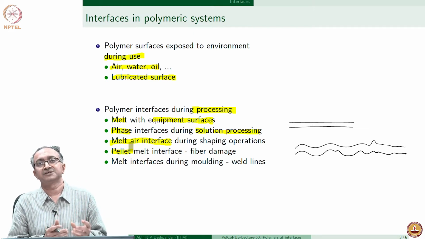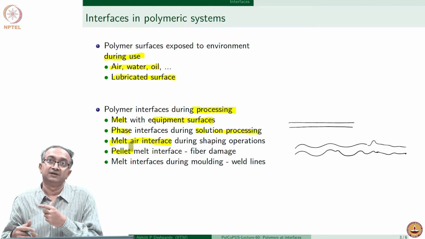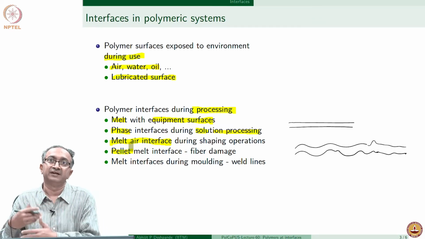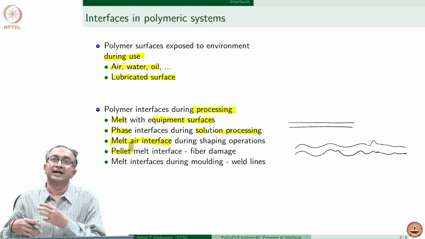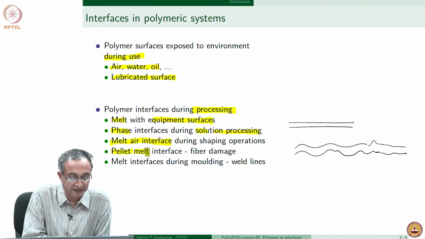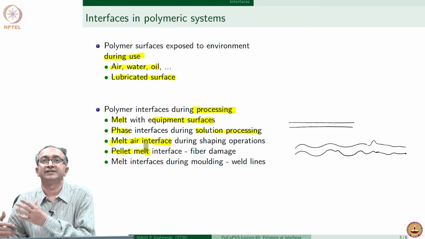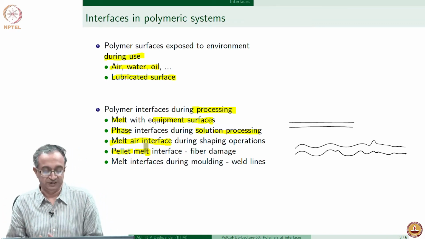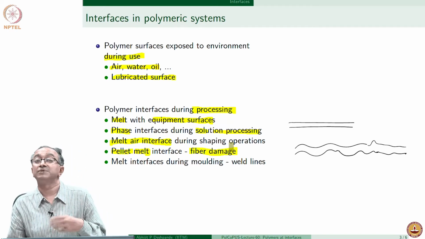So, many of the polymers are sold as these, and then they are melted and then processed, mixing and then addition of different additives, fibers, and then they are finally shaped. So, in this case there is an interface between the melt and the pellet itself. So, the pellet starts melting slowly as it goes through the processing operation, and this sometimes can be very crucial in terms of what happens to the fiber.